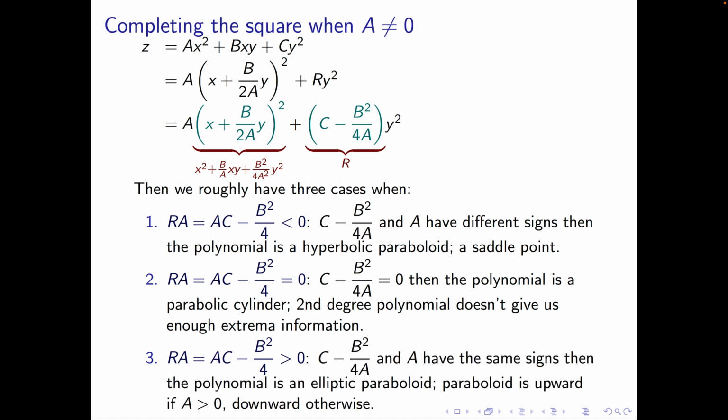And again, bigger than 0 is just going to tell me that the signs are the same, and I'm going to get an elliptic paraboloid. Elliptic paraboloid means a paraboloid looking either upward or downward, a local min or local max, and less than 0 means hyperbolic paraboloid, which means a saddle point.